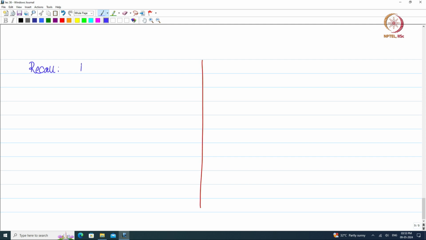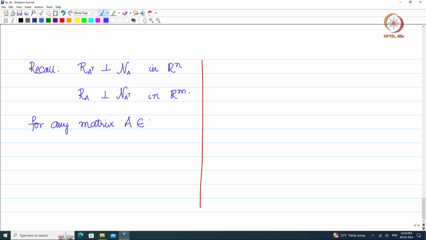We said that the range of A transpose is orthogonal to the null space of A in Rn, and the range of A is orthogonal to the null space of A transpose in Rm, for any matrix A. This is what we had.